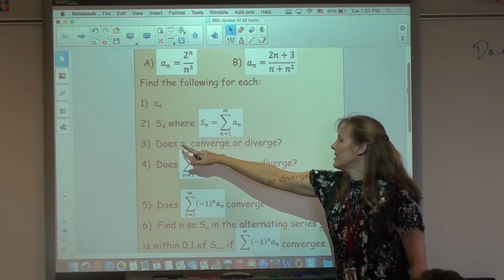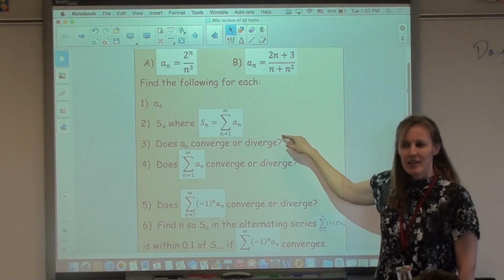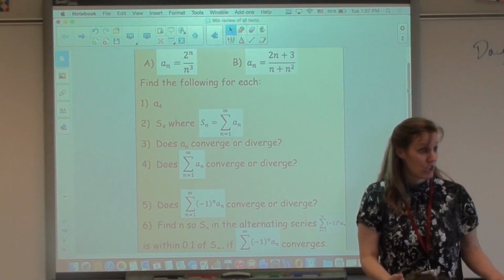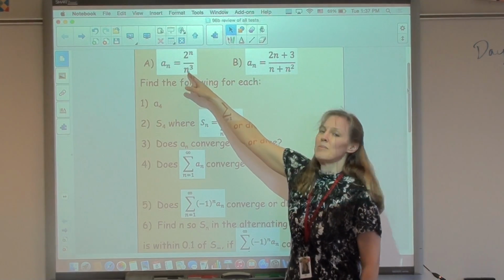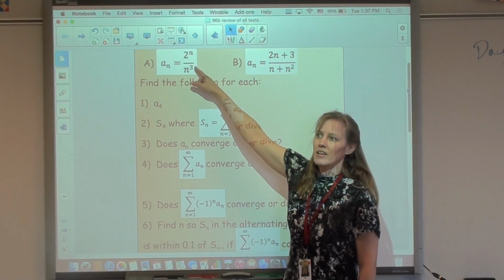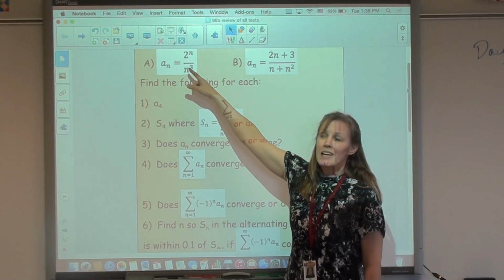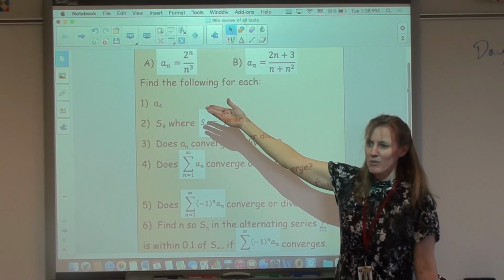Does a sub n converge or diverge? So it's asked about the sequence. The sequence converges if the limit exists, right? And diverges if the limit doesn't exist. For this, does the limit as n approaches infinity exist or not exist? It diverges. And how did you figure that one out? Comparative growth rates, right?